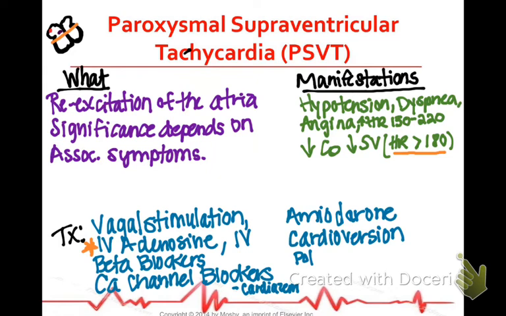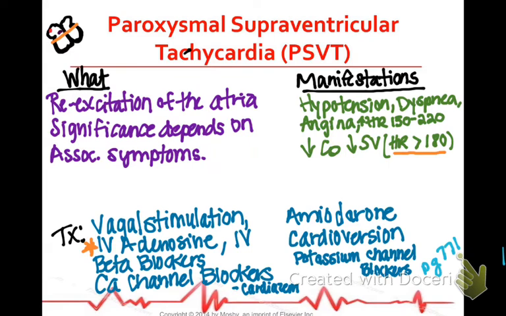So depending on how serious they were, he was basically very unstable. I was like, he needs to go to ICU. But we started an amiodarone drip, and then he cardioverted him, and it helped. The cardioversion helped. But I wouldn't try it. I just remember the IV adenosine, but it is listed as a treatment.